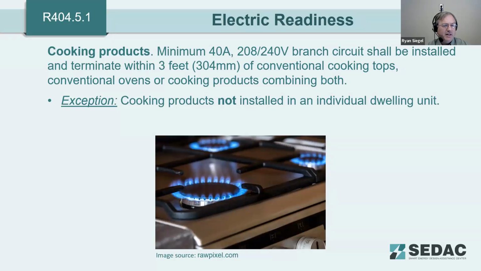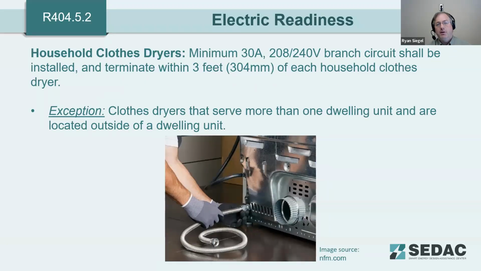So obviously, if we do not have cooking products installed, then we do not need to deal with electric for those products. Similarly for clothes dryers, here it's a 30 amp circuit, 208 or 240, and terminating within 3 foot. Again, giving people the option going forward of which do you want. You can have gas, you can have electric, either one. Now the code here does not require this to be the other way around.